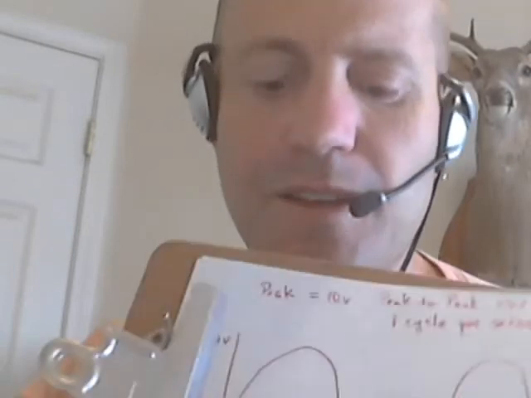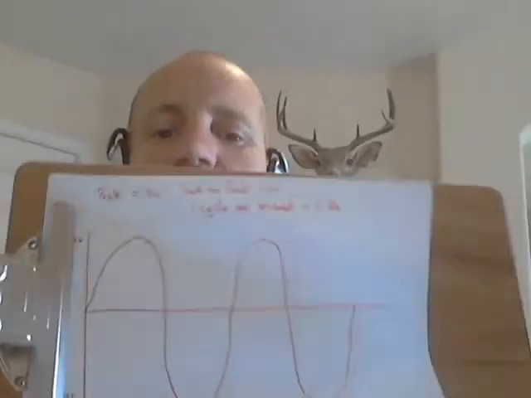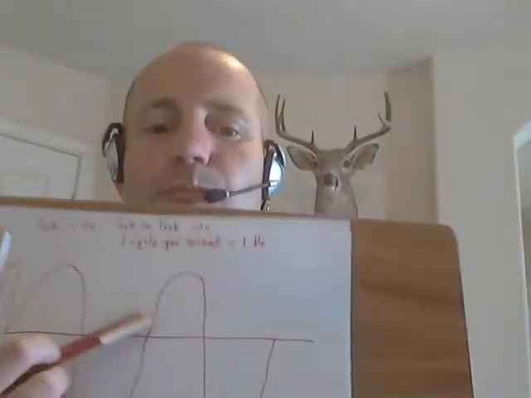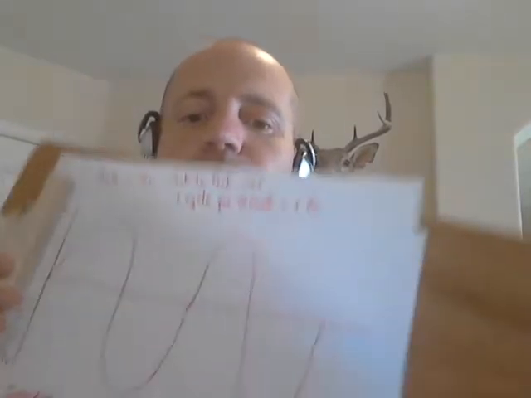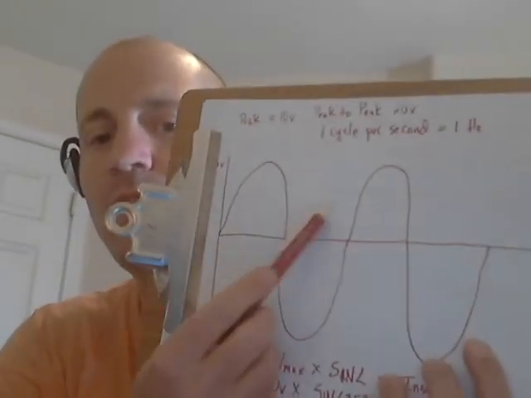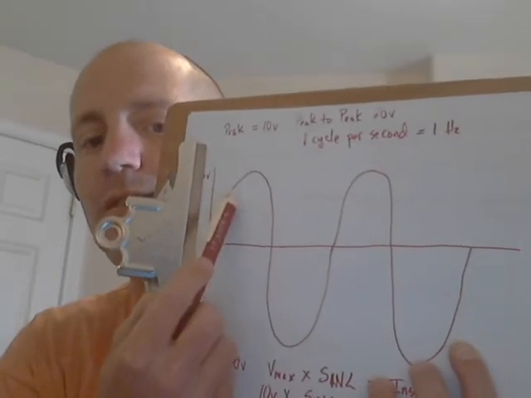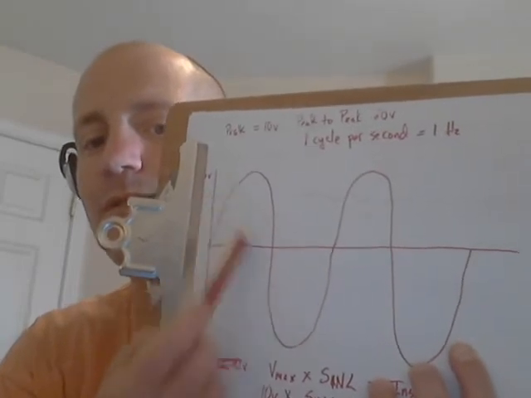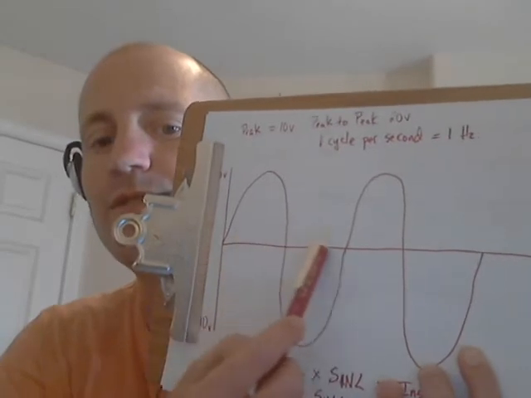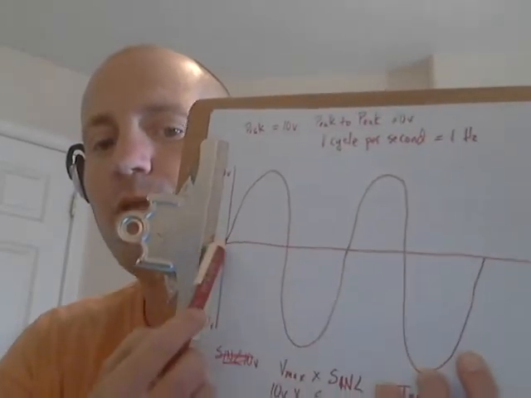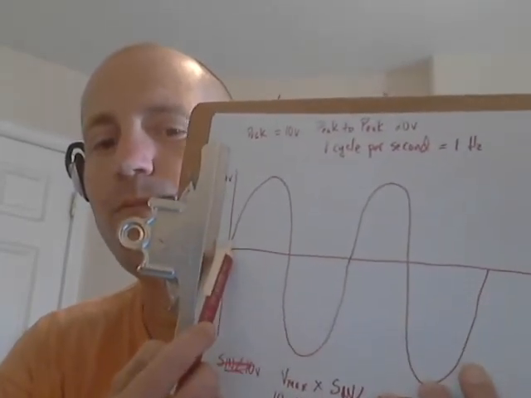For one thing, we can find out the instantaneous voltage at a given point along this line by using some basic trigonometry. So let's say that I wanted to find out what my voltage was at this 35 degrees of rotation. By the way, this line represents degrees of rotation. So right here would be your point of 0.